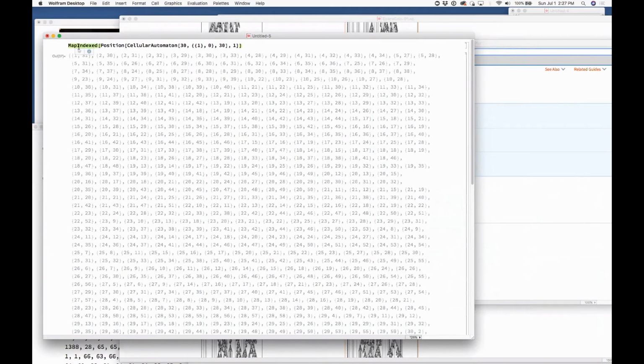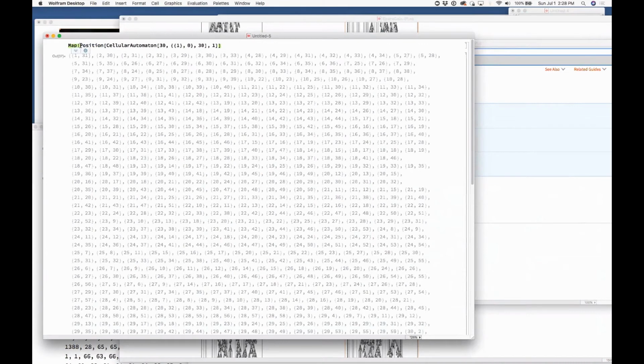We're taking the first element, which tells us the time step, and the second element tells us the radial position. And we might want to subtract 30, or 31 actually, from those radial positions, because that will then give us positions relative to a center line.